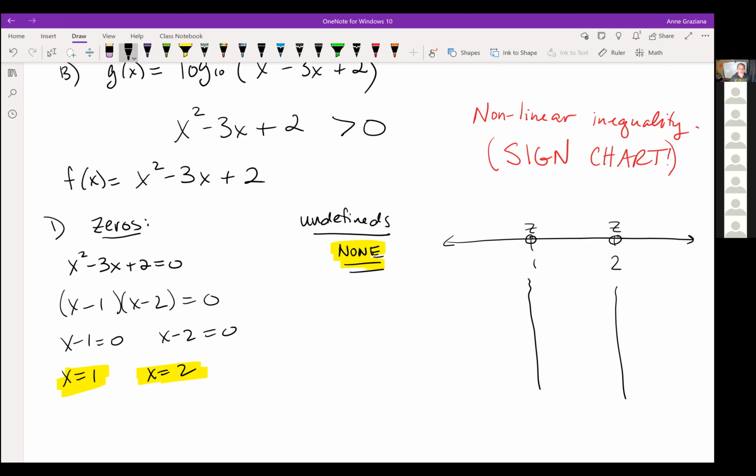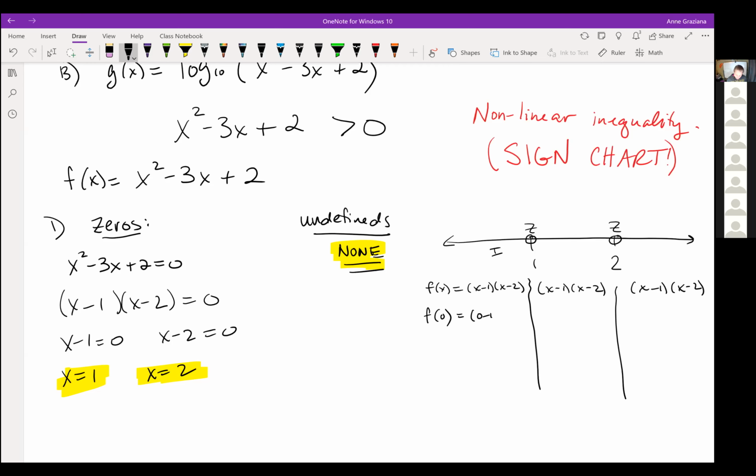All right. So here's the thing. What I would suggest when you set this up, when we check regions, is to use your factored form. You could use the original, but if you're pretty confident about your factored form, it's just easier to calculate. So here's region 1. Let's pick 0, right? 0 is less than 1.